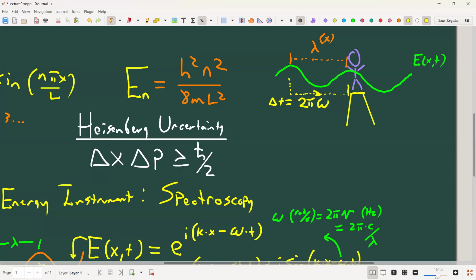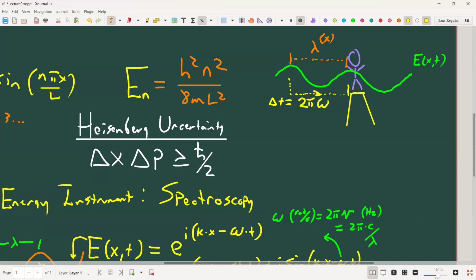Maybe a good question. So let's think about the length scale of lambda versus the size of a typical box in chemistry. The way I've drawn it, my length is about the same length as the wave. If I turn myself sideways, I'm about as long as this wave. So this is like a 2 meter long wave.